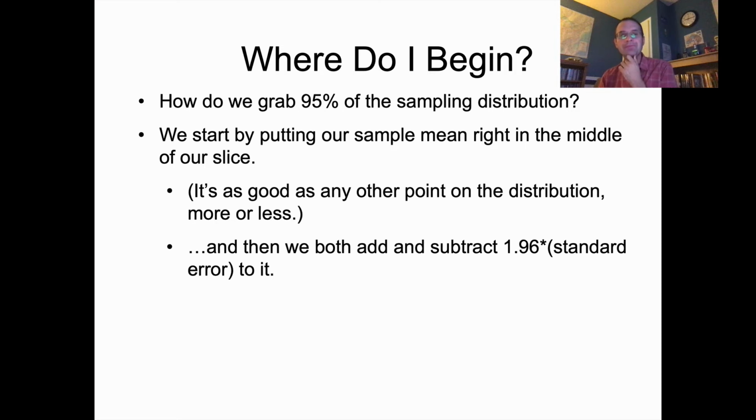So we start by putting our sample mean right in the middle of our slice. And it's as good as any other point on the distribution, more or less. We don't know that it's in the middle of the actual sampling distribution, but like I said, we're guessing to a certain extent. And I'll reiterate this point again, we can almost certainly be sure that it's not actually in the middle of the sampling distribution, or it's not actually the mean of the population distribution.